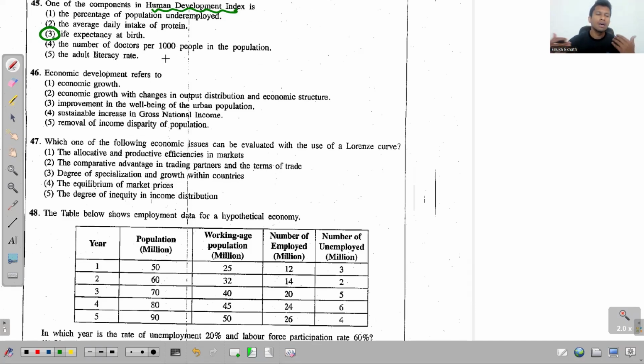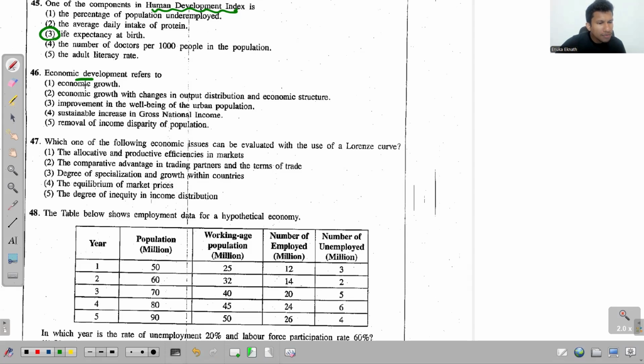So what's development? Is it a synonym for economic growth like they have suggested in the first option? So these are two things. When it comes to economic growth, it's much more quantitative, right? In economic growth, we only evaluate the increase in real output.